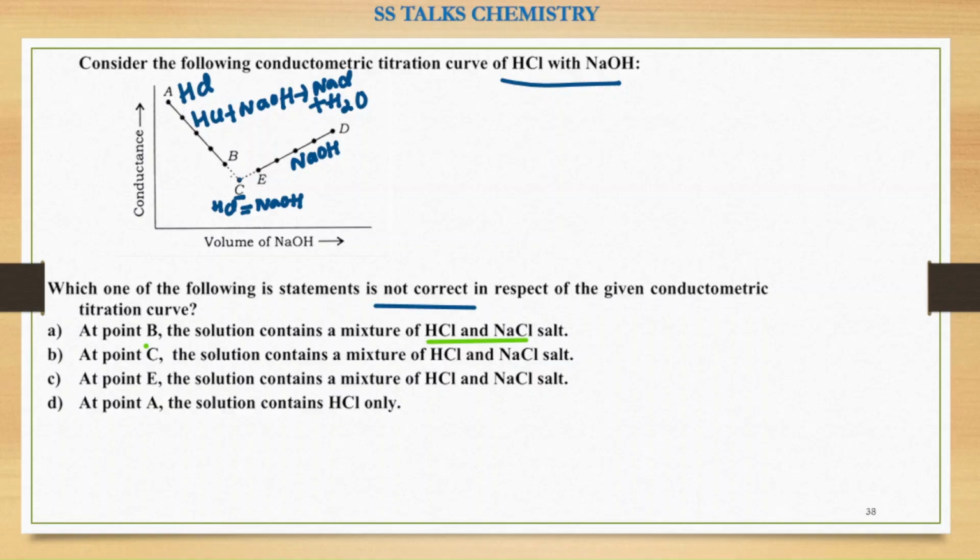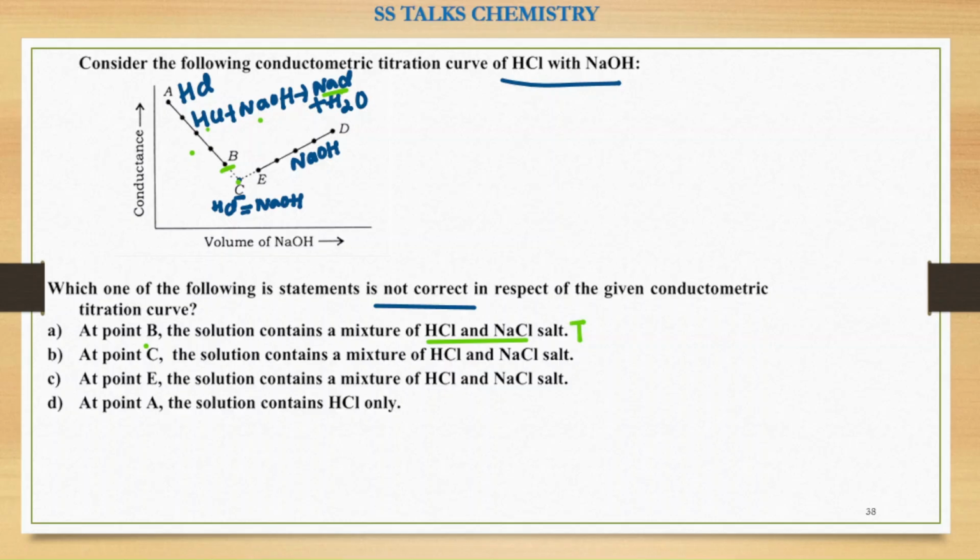You can see in the region from A to C, till the end point is achieved, B is lying in between. Here we will be having the HCl as well as NaCl formation taking place. Initially the NaOH is less, but the HCl amount is higher, that is why this reaction is proceeding. So this statement is true.